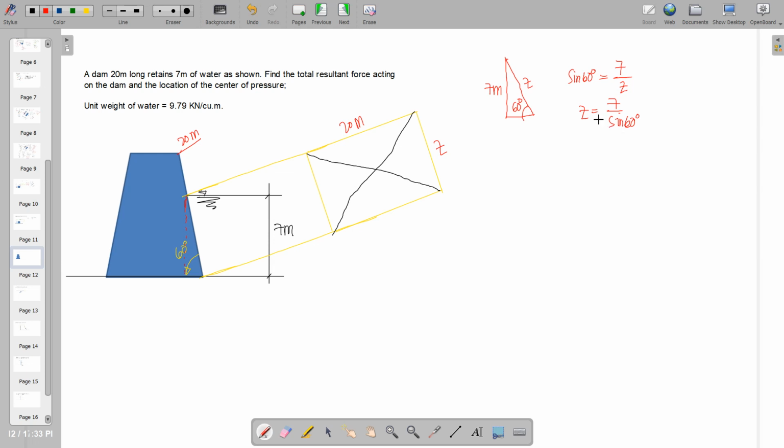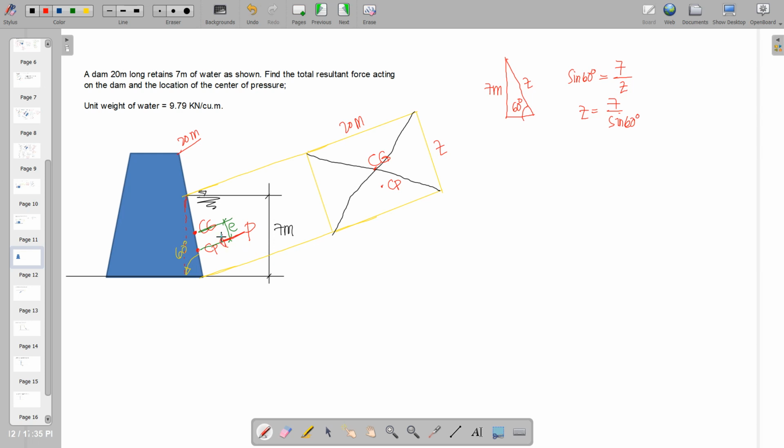Now that we know Z, what we do next is determine our resultant force. As usual, we label this as our center of gravity, and below that we have the center of pressure, by the dimension e. And we have here the force P, which is one of the unknowns.